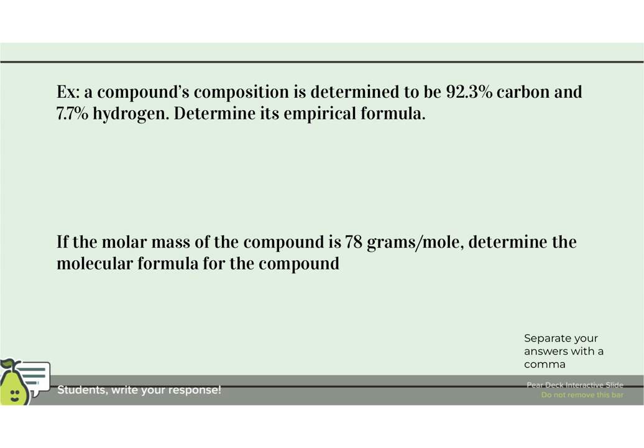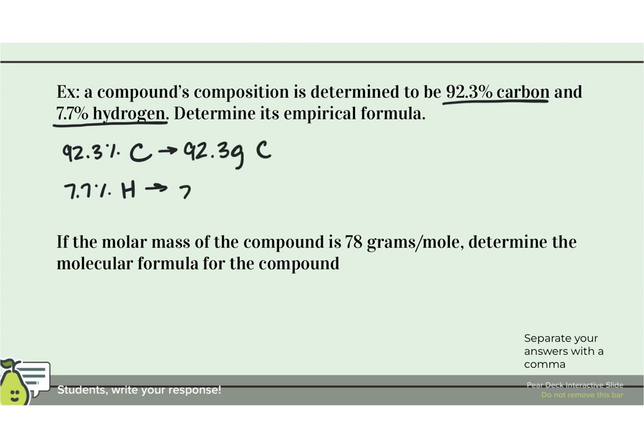Okay. Let's try another example. Here we have 92.3% carbon, 7.7% hydrogen. We're going to find the empirical formula first. So 92.3% carbon, 7.7% hydrogen. We're going to convert that into grams. 92.3 grams of carbon, 7.7 grams of hydrogen. Okay. I then want to change these into moles, so go from grams to moles.